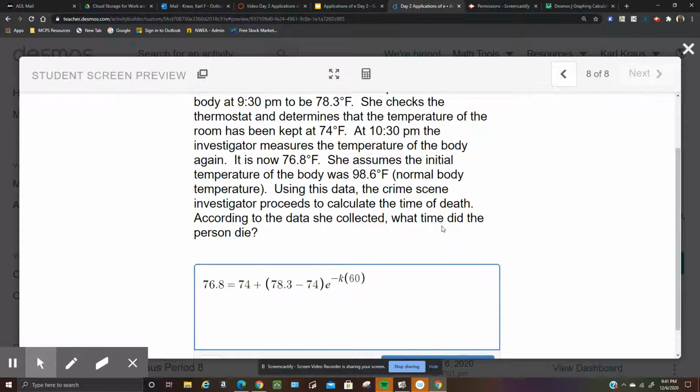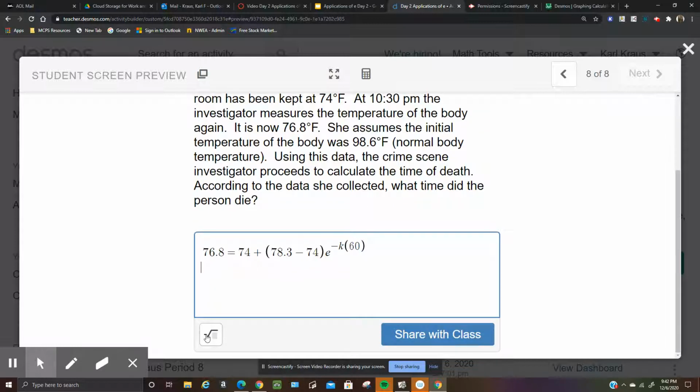So if I subtract 74 from both sides, I have 2.8 equals, and then 78.3 minus 74 is 4.3, E exponent negative 60K.